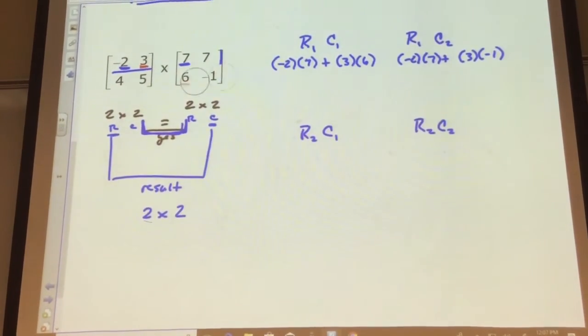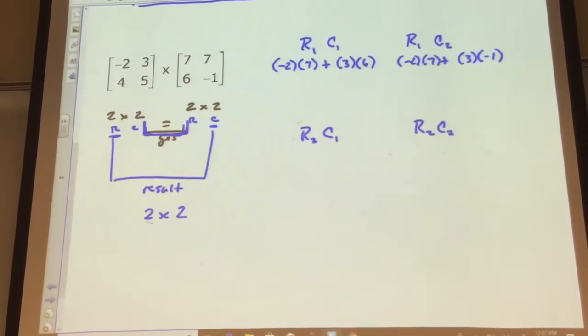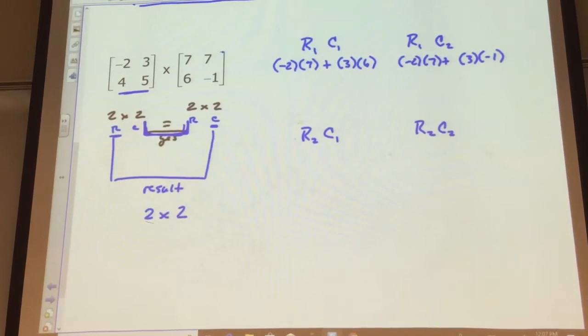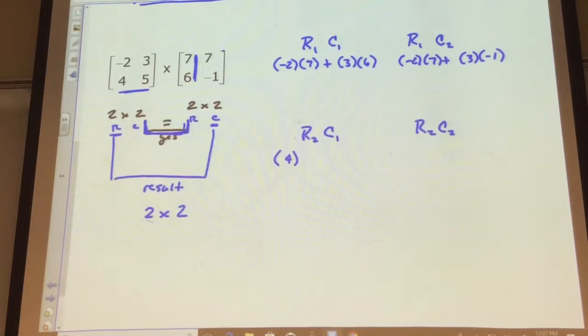And now I go to row 2. Row 2 now is going to be multiplied by column 1. First element in row 2, 4. First element in column 1, 7. Second element in row 2, 5.